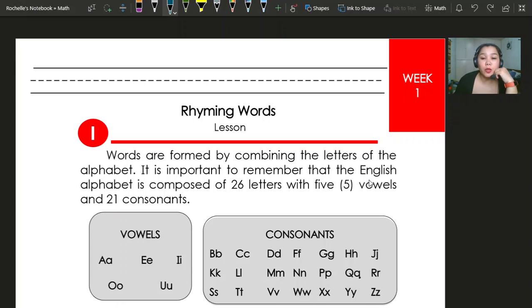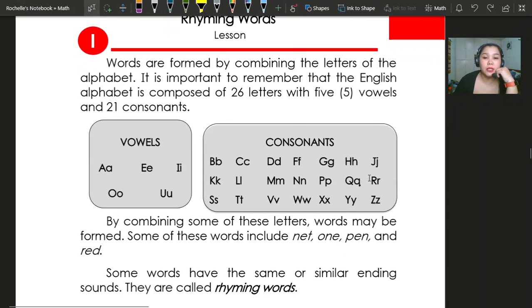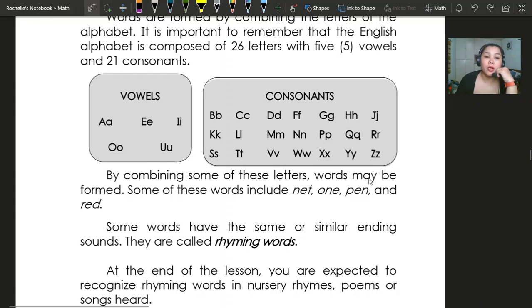It is important to remember that the English alphabet is composed of 26 letters with 5 vowels and 21 consonants. So we have here a list of the vowels, which is A, E, I, O, U. So we are after the letter name.